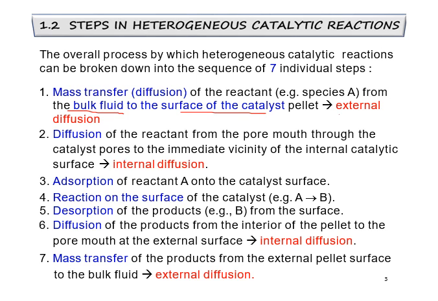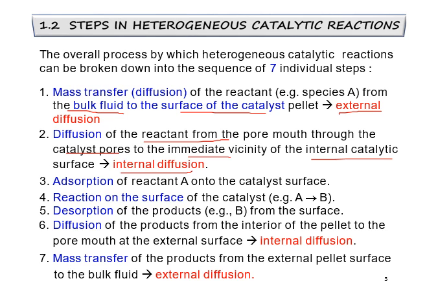So we call this external diffusion. Then step number 2, the diffusion still happens of the reactant from the pore mouth through the catalyst surface until it goes into the immediate vicinity of the internal catalytic surface. So we call this internal diffusion.